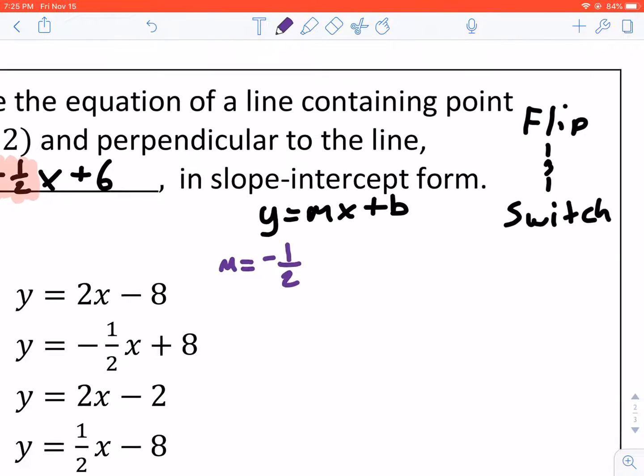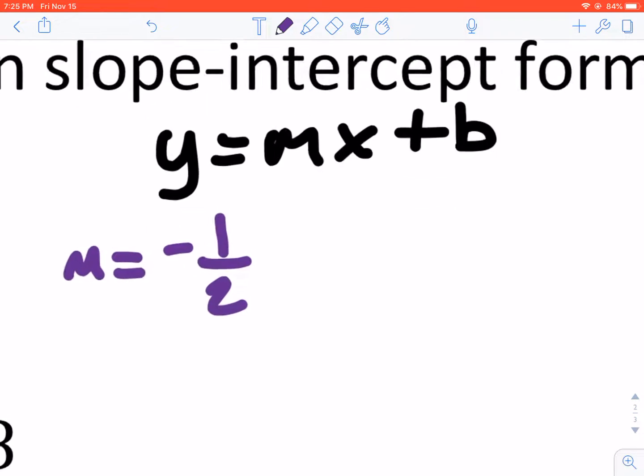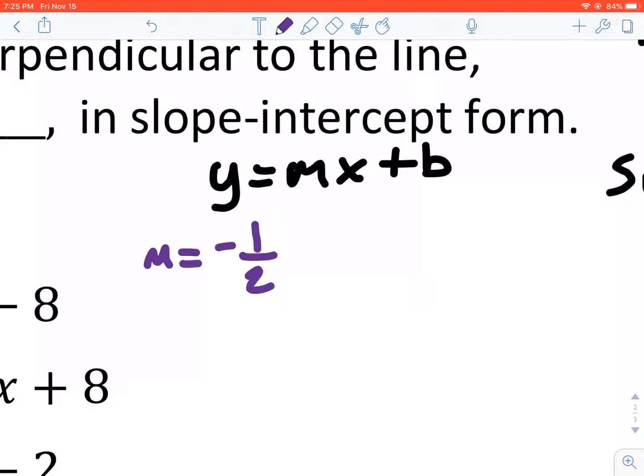So what that means, flip stands for flipping the numerator and the denominator. So let's do that right now. We're going to flip the numerator and the denominator: negative 2 over 1. And then the switch means that we're going to switch the sign from negative to positive. So it's 2 over 1, but it's now positive. I got rid of the negative.